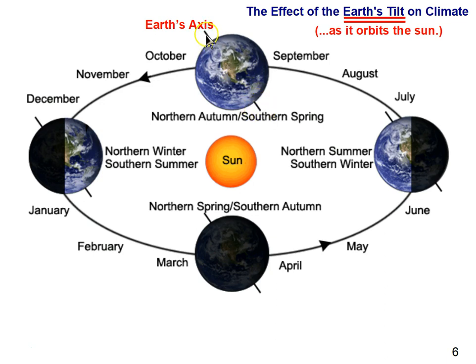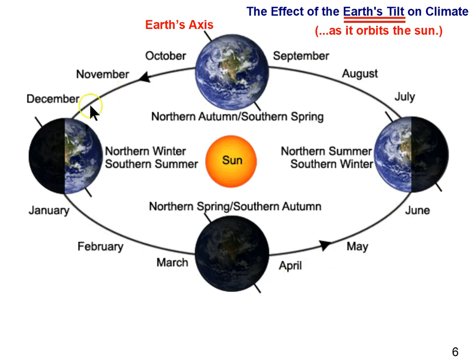Obviously there's not really a line running through the middle of the Earth, but the Earth revolves around its axis. It's like a wheel on an axle, and that axis is tilted in relation to the sun. So it's not straight up and down.